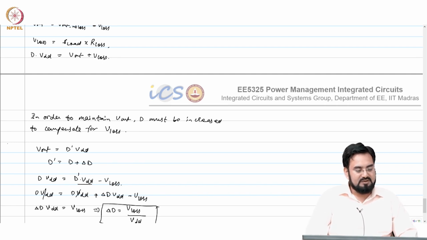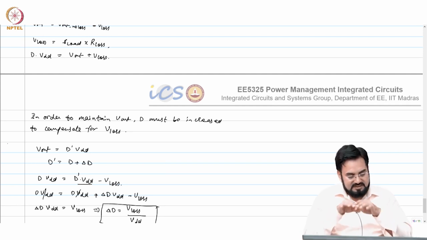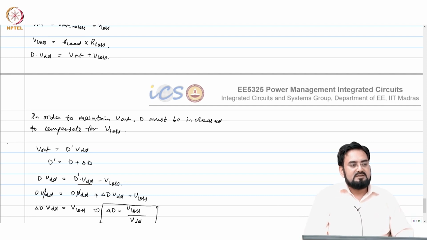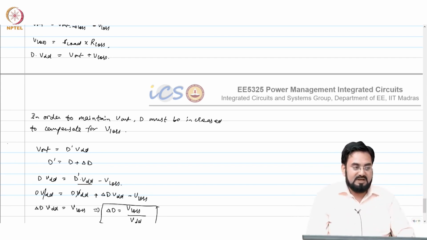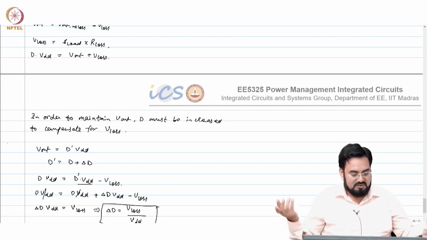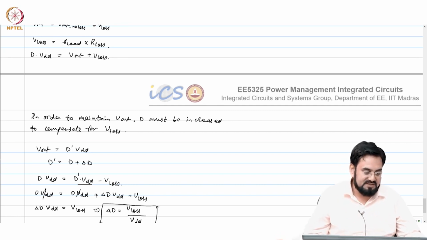So, everything will contribute to your loss in efficiency, and we will also take an example where we will see how it maintains the efficiency across a wide range of V out over V in compared to an LDO or linear regulator, where if dropout is increasing or V out by VDD is smaller, then your efficiency drops. We will see how it is able to maintain around 90% or above across all the range. So, we will take 2 or 3 values and calculate the efficiency. Okay.